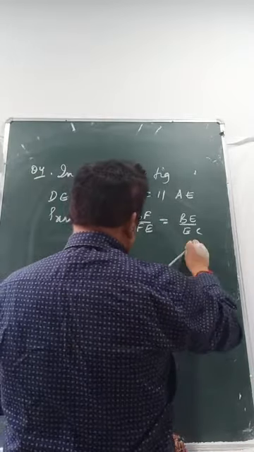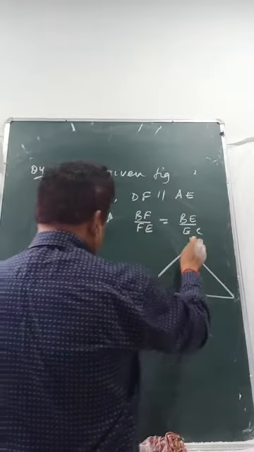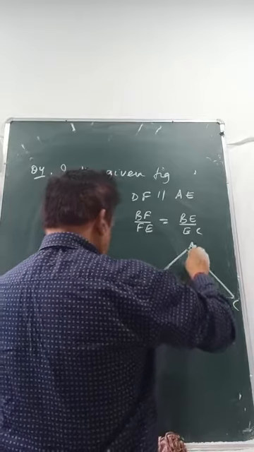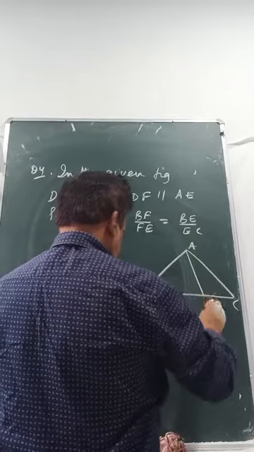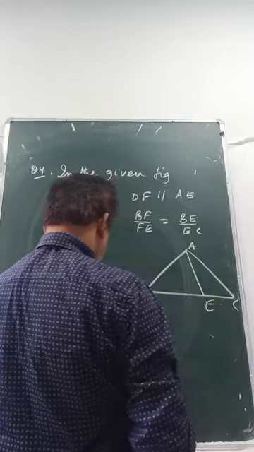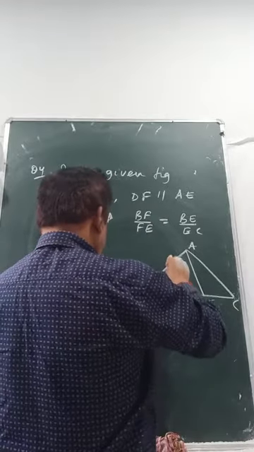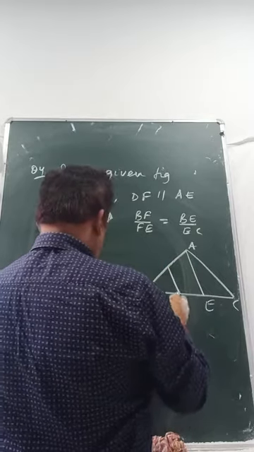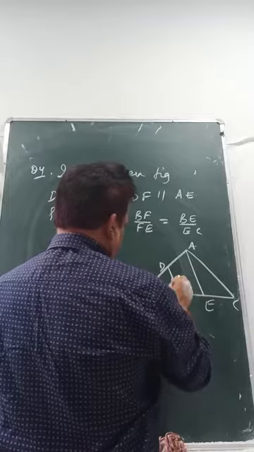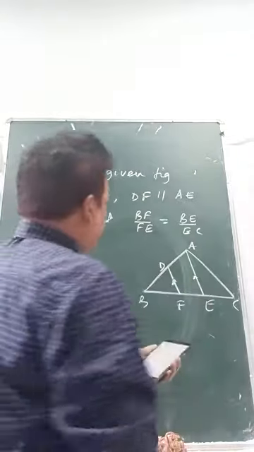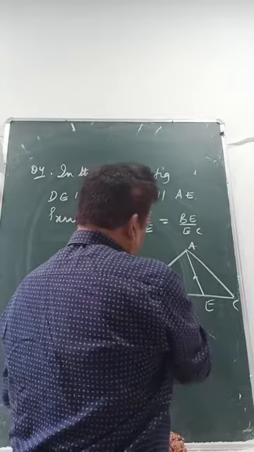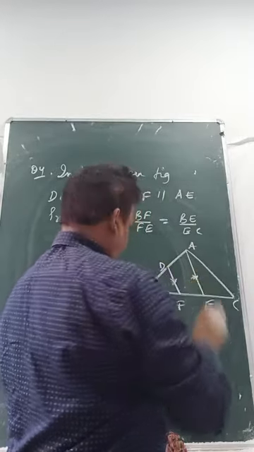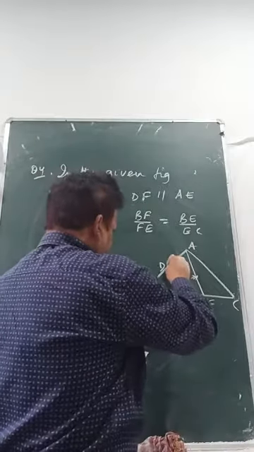This is our ABC triangle. Then we draw a line here, AE, DF. These two are parallel. DF parallel to AE. So one more thing is there. You have joined this.